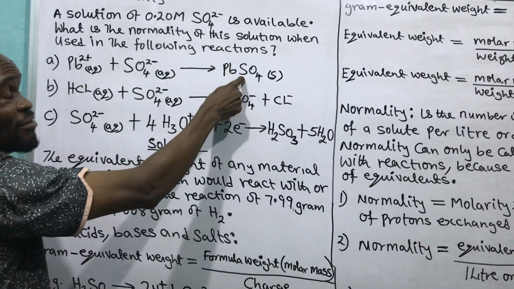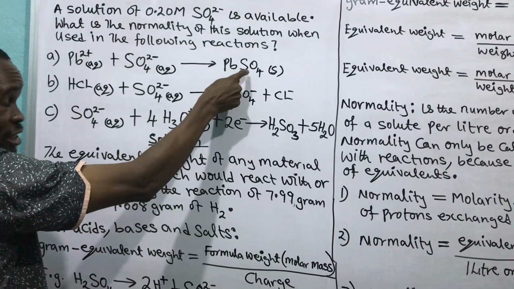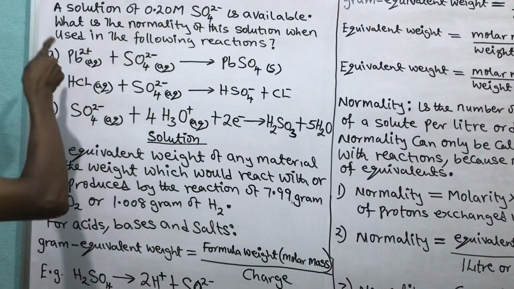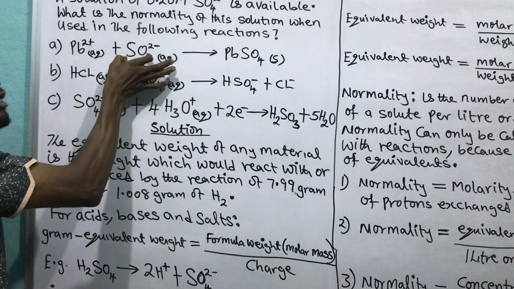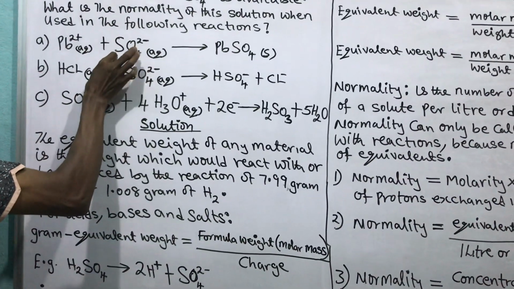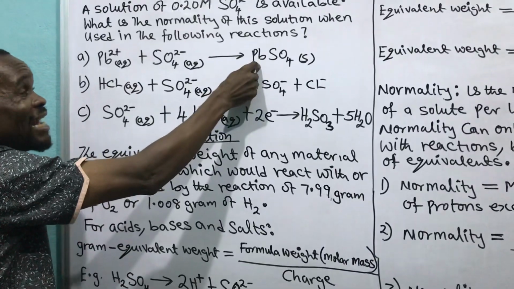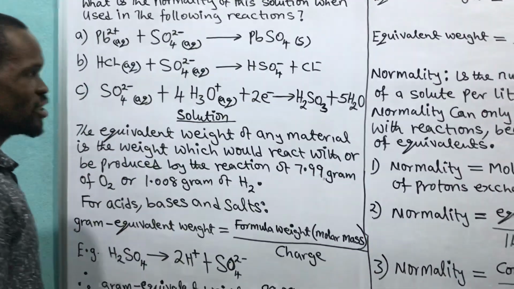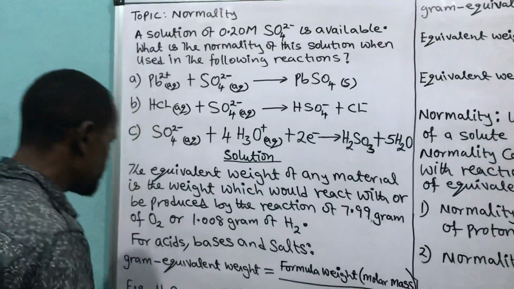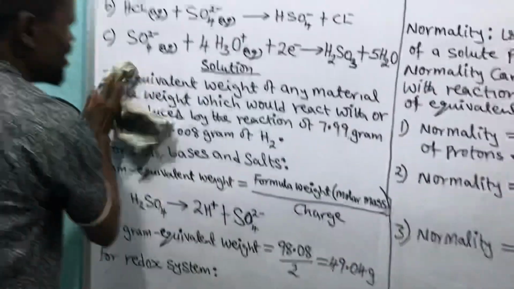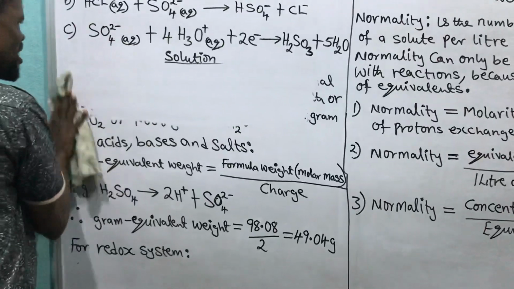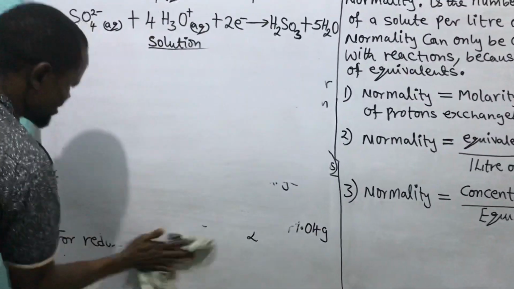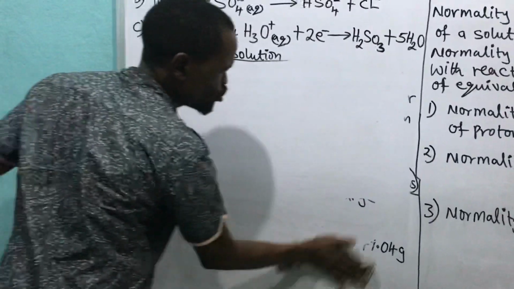If this one now dissolves in water, dissociates in water, it will produce 2 hydrogen, which means 2 hydrogen have been left in this one. For this one to react with lead, it exchanges 2 hydrogen. And that 2 hydrogen implies, let me clean here so that we'll solve those things immediately, that N is 2.